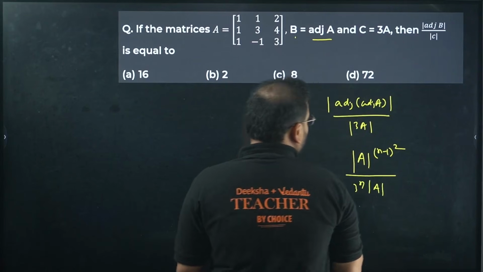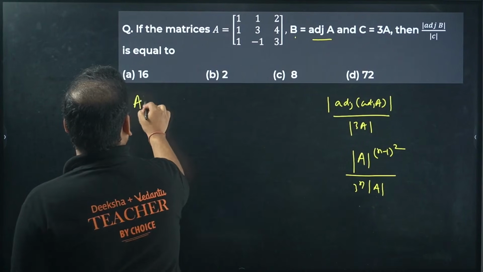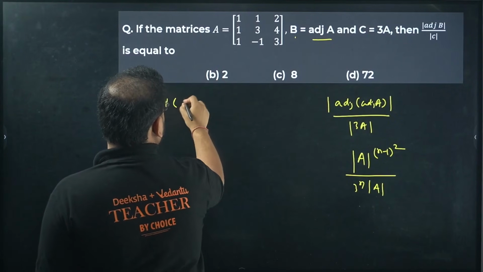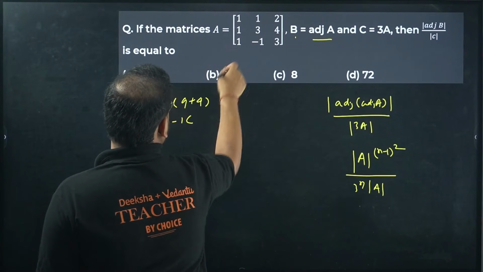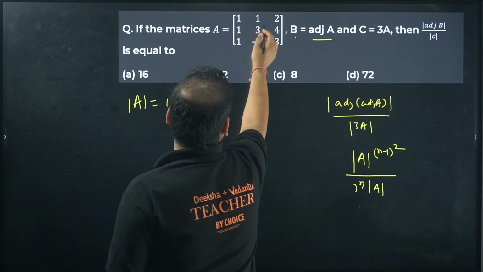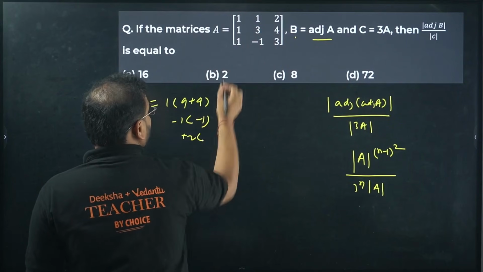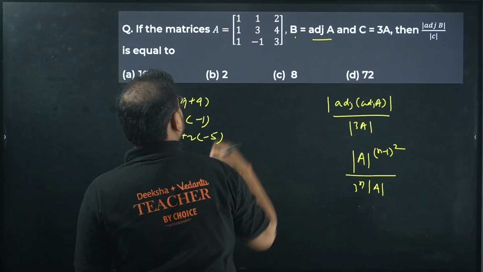Check here. We have to find the determinant of A. We get 1, so 9 plus 4 minus 1. Check this out. 3 minus 4, which is minus 1, right? If I do this, minus 1, I get 3 minus 4 plus 2, you get minus 1 and minus 3, so minus 4.